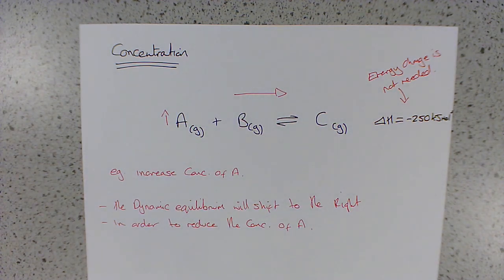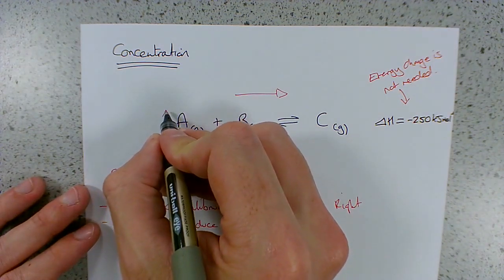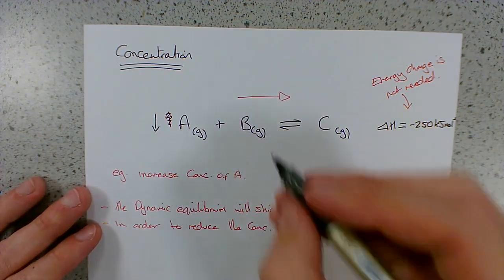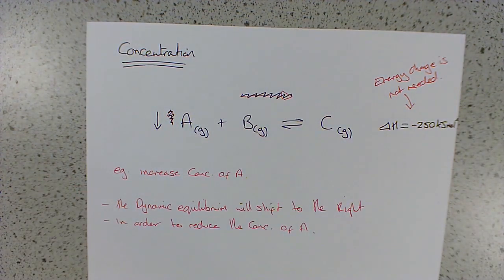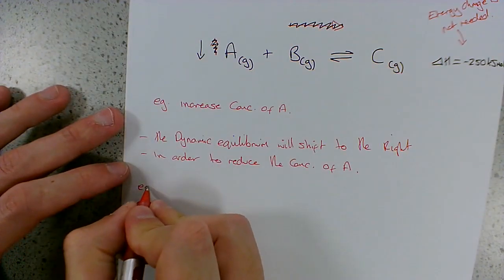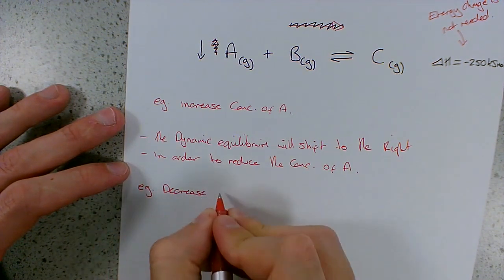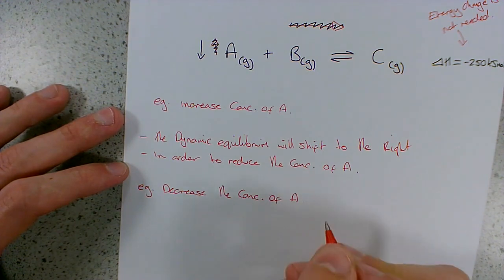Now let's consider perhaps I didn't increase it, let's perhaps say I decreased it. What would happen if I decreased the concentration of A? Well, Le Chatelier's principle states that the dynamic equilibrium will shift to counteract the change. So, for this example, I've decreased the concentration of A. What will happen?